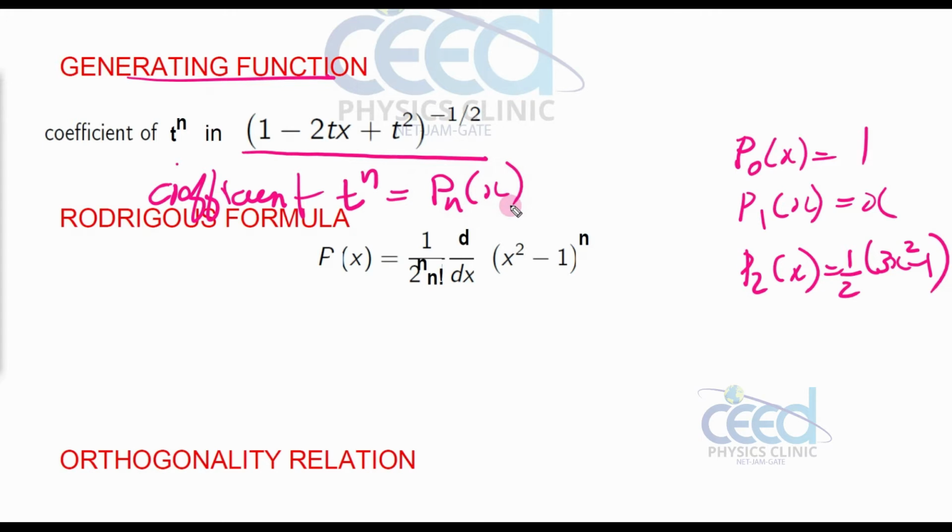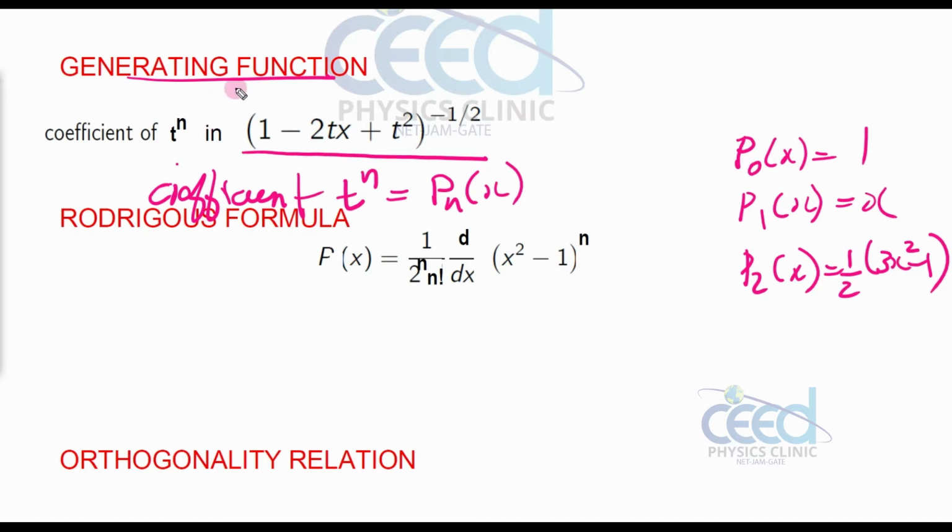Let us verify. If you take the t raised to 0 coefficient, you will get 1. If you take the coefficient of t raised to 1, you will get x. If you take the coefficient of t square, you will get this P2 of x. So let us check that by expanding this as a series.